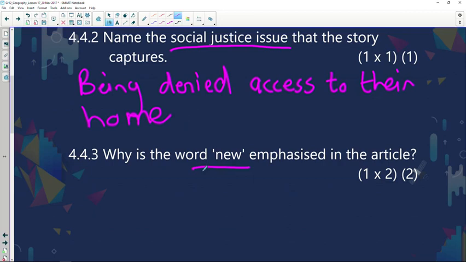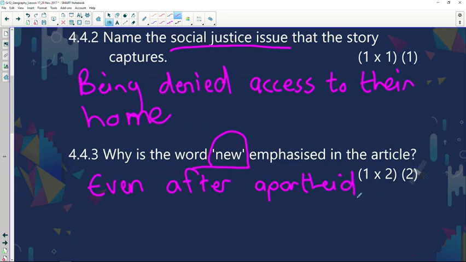Because it shows that even though we live in a democratic country, things still haven't changed. So they've mentioned new after apartheid. It even shows that even after apartheid, things didn't really change.